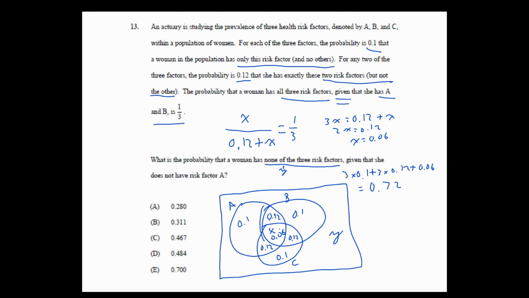So y is going to be equal to the complement of A, B, and C. That means it's going to be 1 minus all of these different regions added together. So y is equal to 1 minus 0.72, which is equal to 0.28.